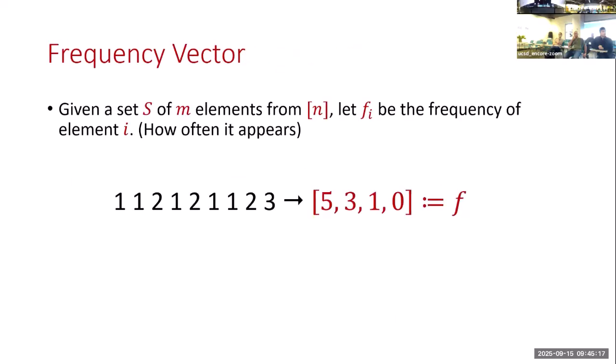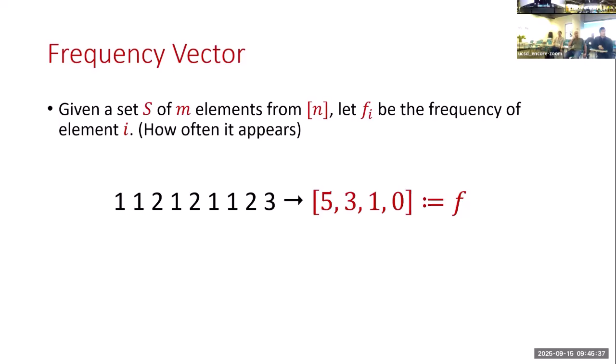But more generally, we might have problems that are functions of a frequency vector, where a frequency vector is underlying information that's defined implicitly by this data stream. So you'll have a stream of numbers, maybe they're IP addresses or whatnot from some given universe.